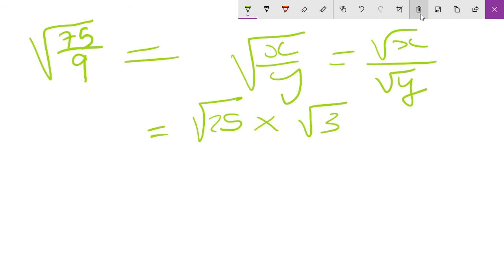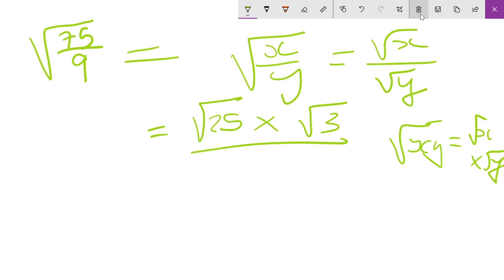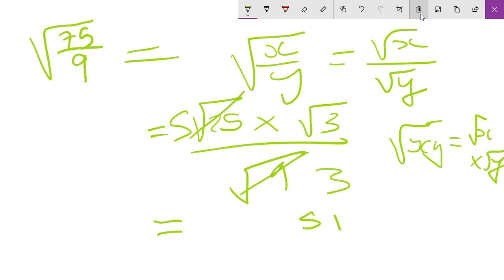Oh yeah, and you also use the rule that the square root of x times y equals the square root of x times the square root of y. So over the square root of 9. And then you can simplify this. The square root of 9 simplifies to 3, and the square root of 25 is 5, so it's 5 square root of 3 over 3.